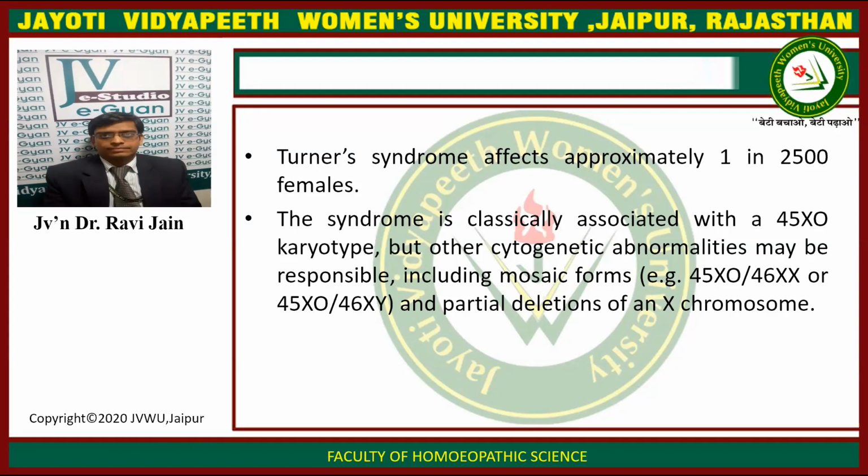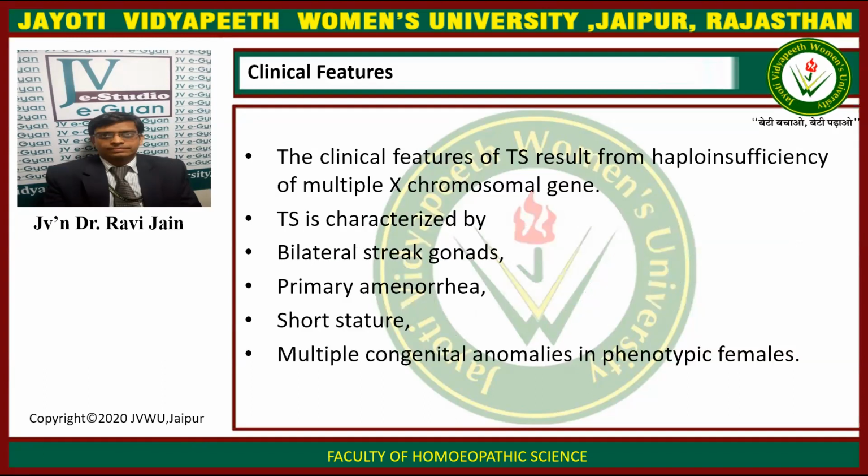The syndrome is classically associated with a 45XO karyotype, but other cytogenetic abnormalities may also be responsible, including mosaic forms, for example 46XX/45XO or 46XY/45XO, and partial deletion of an X chromosome.